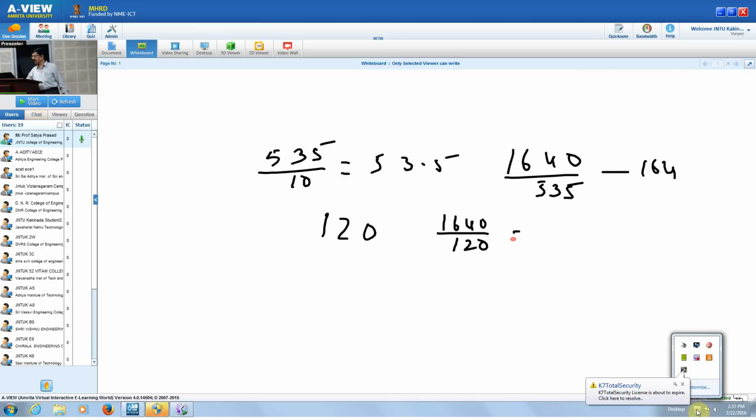So 1640 by 120, approximately 13.5. If you say 700 kilohertz, we are receiving now 595 to 605, and we are receiving 607 kilohertz also.